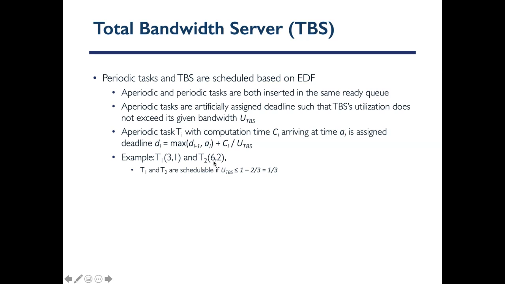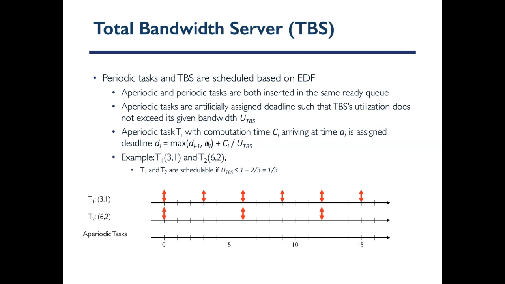So what is remaining is another 1/3. You want to make sure that U_TBS is at most 1/3. As long as U_TBS is at most 1/3 and you follow this rule, your system will always be schedulable, so EDF can always make the tasks meet their deadlines.